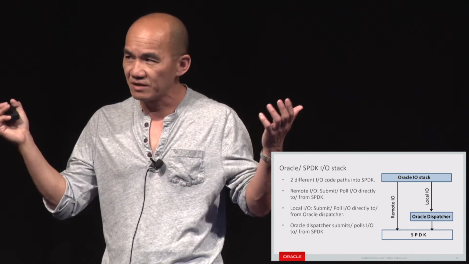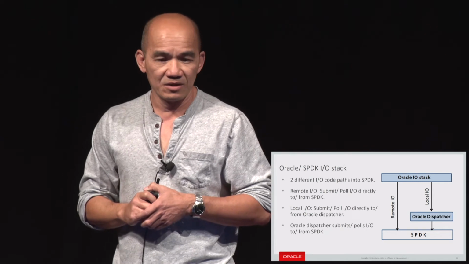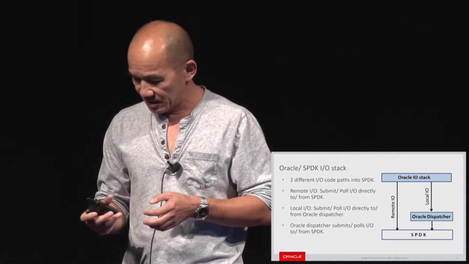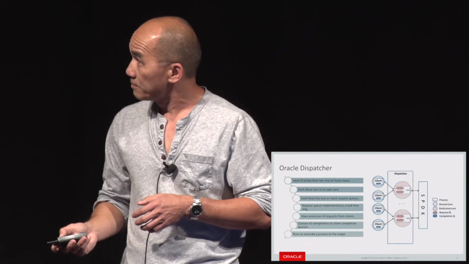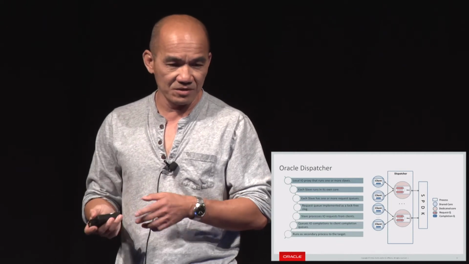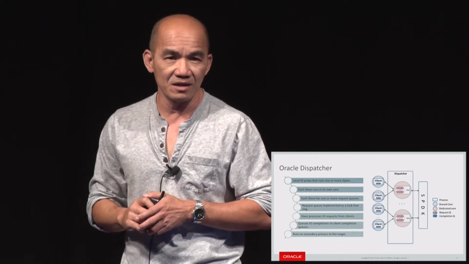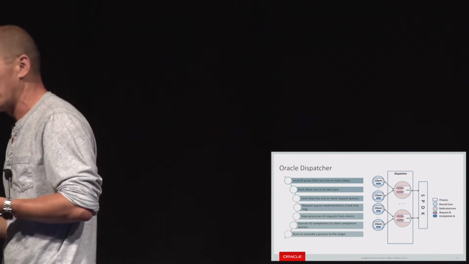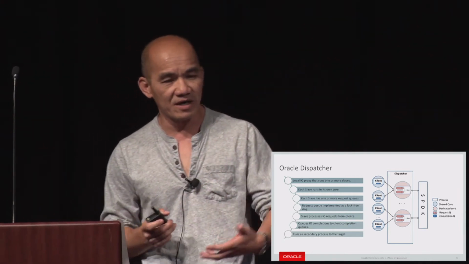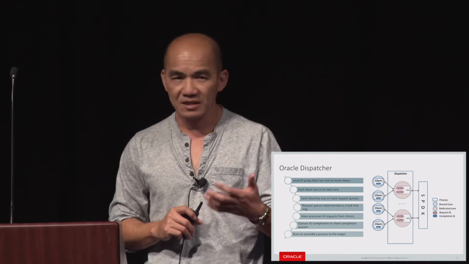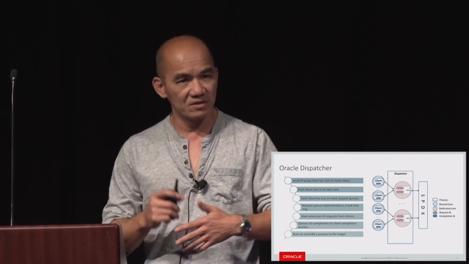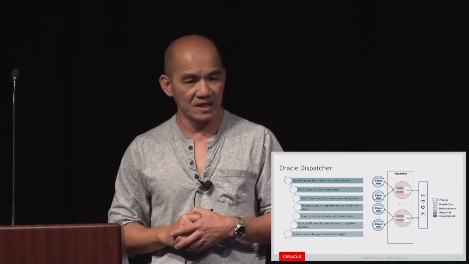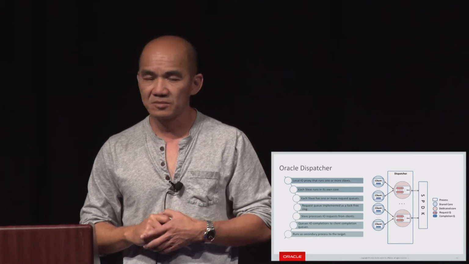Because now everything is funneled through the same channel. This is basically our design, and our goal was to streamline the dispatcher to minimize the overhead, because obviously you add overhead if you add an extra layer between the I/O stack and SPDK.